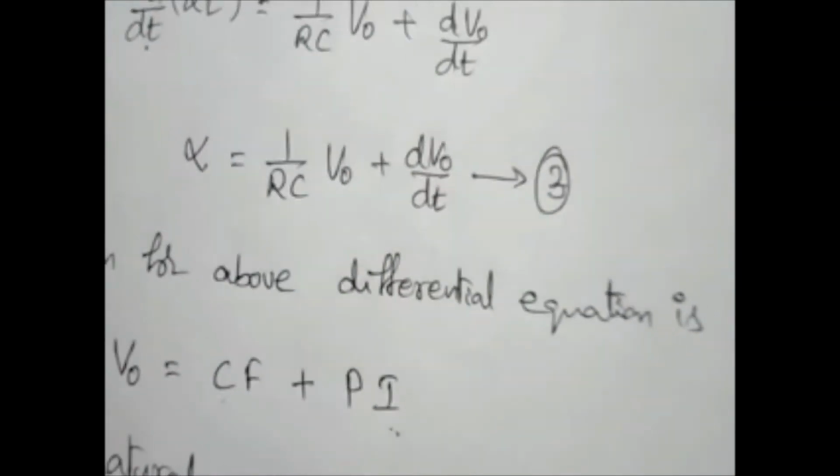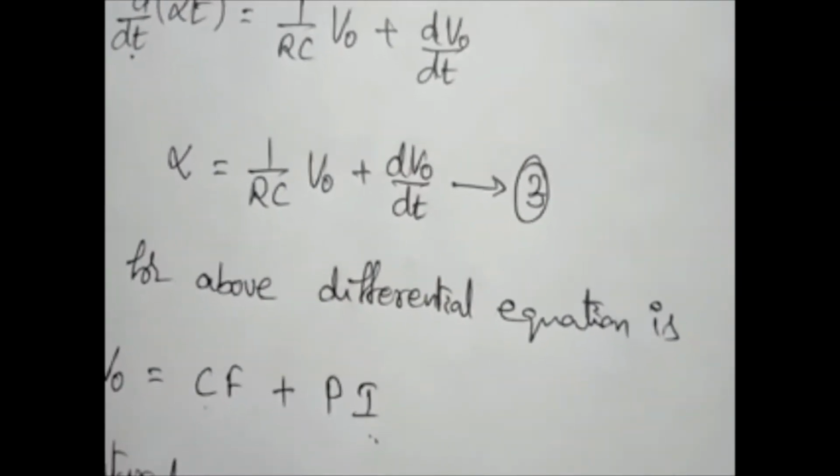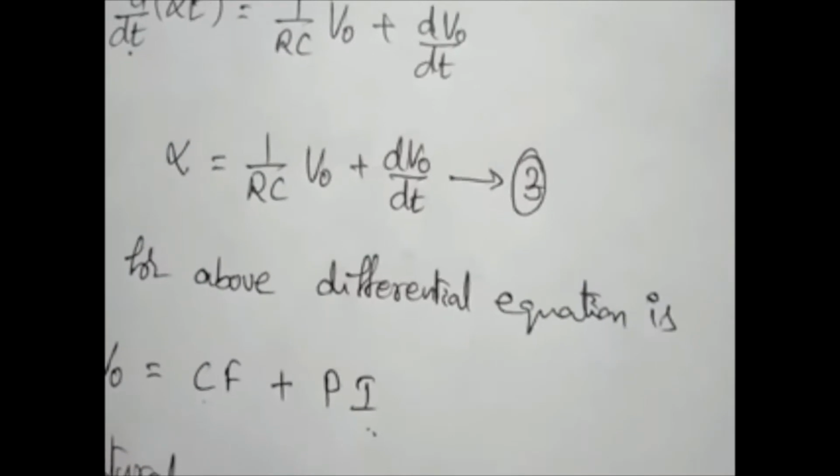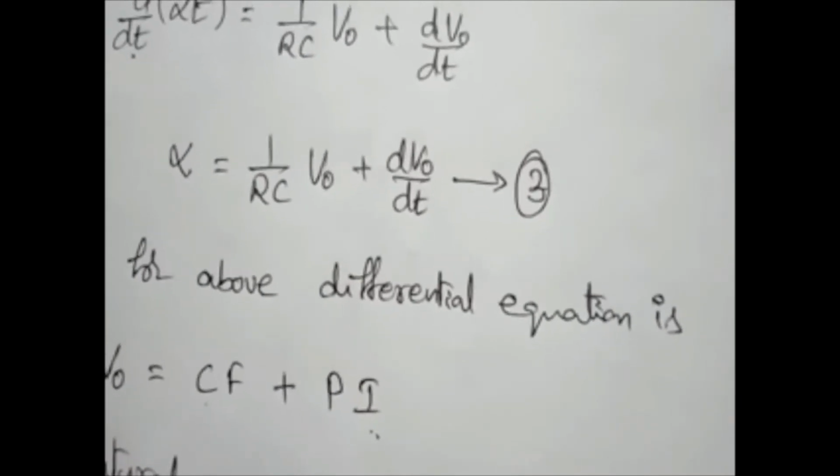What is the original equation? Alpha is equal to 1 by RC V0 plus dV0 by dt. This is the original equation.